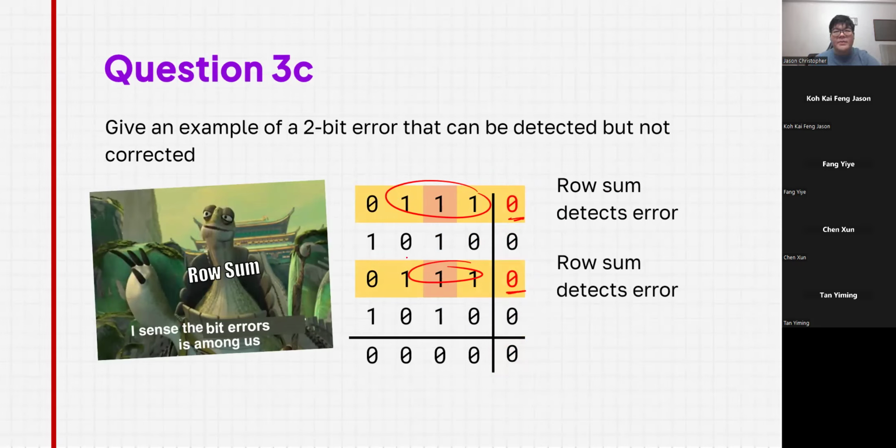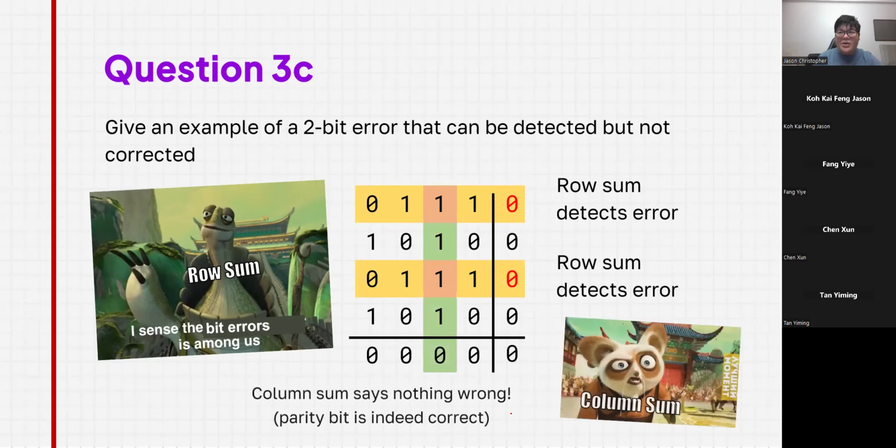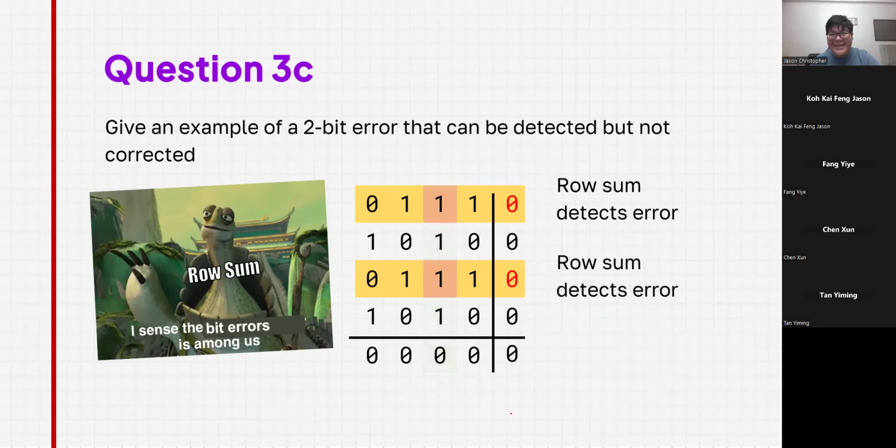If I do the column sum, this is 0, 1, 0, 1, even, this one is correct. 1, 0, 1, 0, even, so correct. 1, 1, 1, 1, this is even, so this is correct. 0, 1, 0, 1, 0, this is even, so this is correct. Now, based on this condition, you will see that the column sum detects nothing is wrong. So in this case, we know that 2 rows are broken, but we don't know which column is broken. So in that case, we cannot correct 2-bit errors.